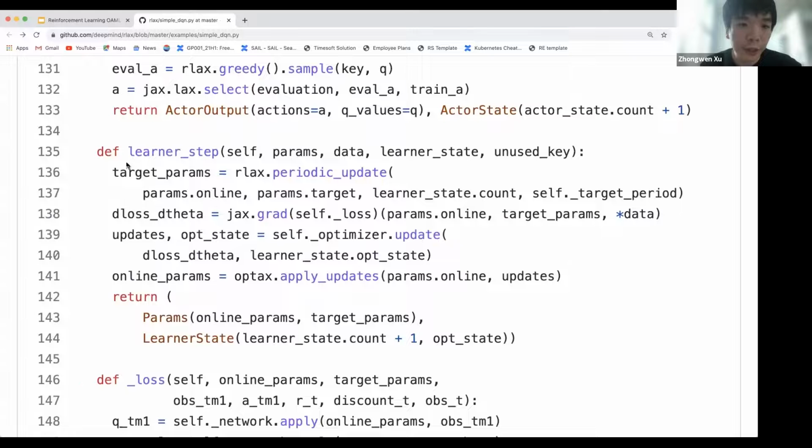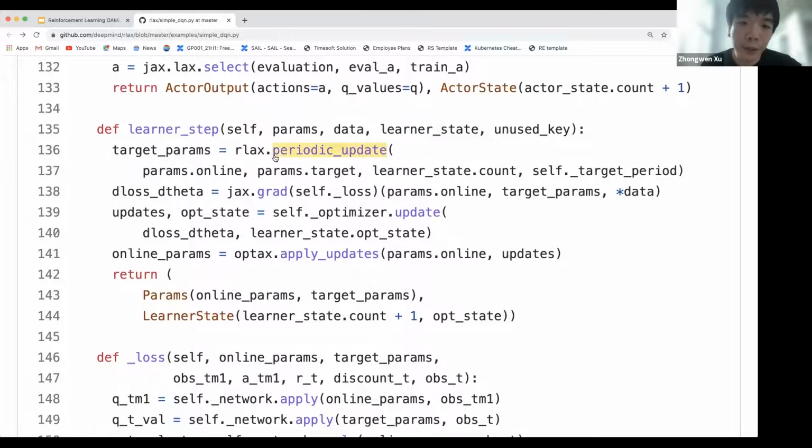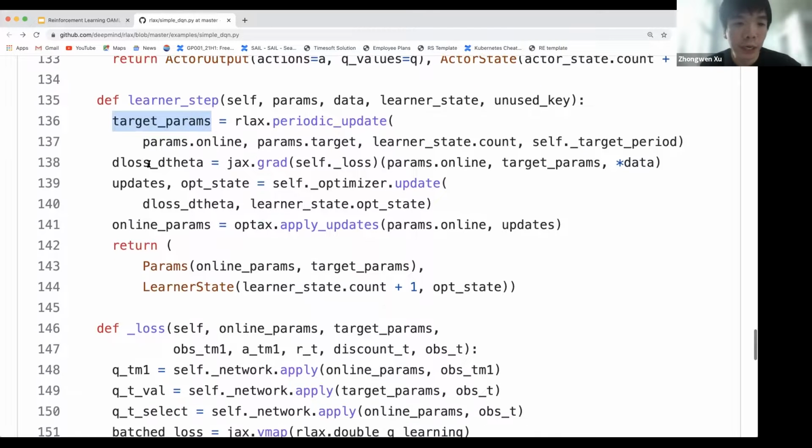For the learning, first it updates the target network every so often according to the number of iterations. Then it does the gradient calculation: d loss over d theta, where we have the square of the Q value difference, which we briefly touched on.